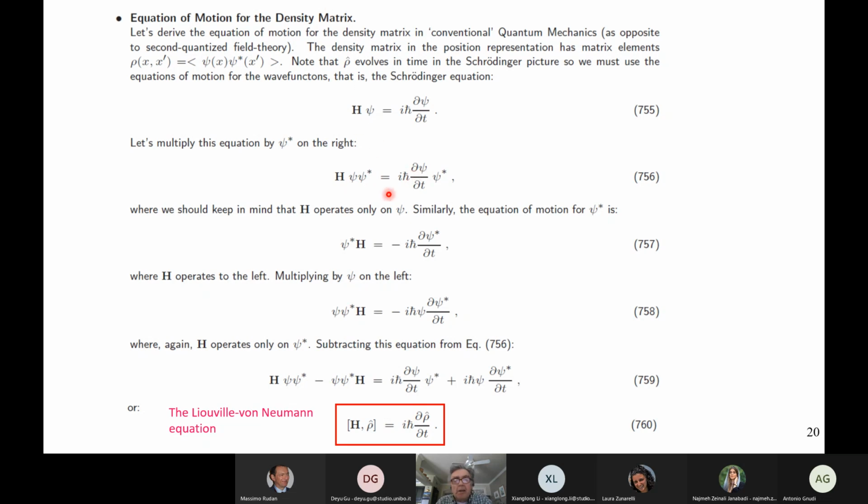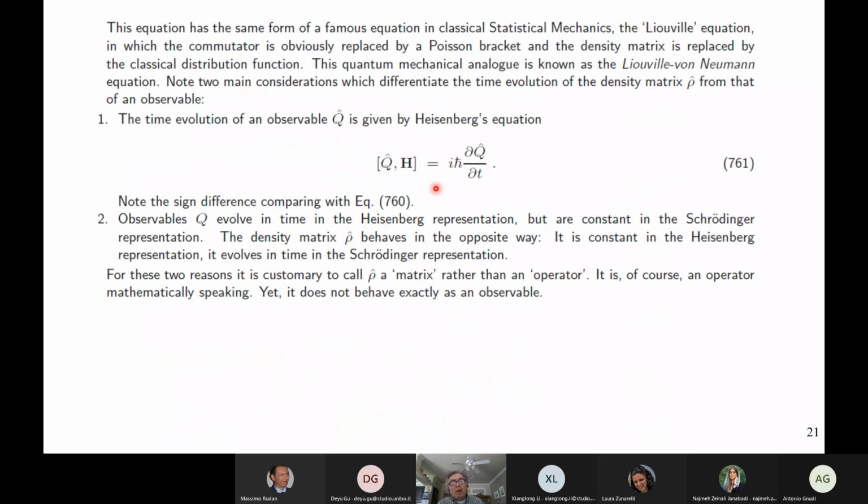Yeah, mathematically speaking, it's an operator acting on the Hilbert space of your system in first quantized form, on the Fock space of your system in second quantized form. So it is an operator. Hermitian, it's a good operator. But its time evolution is the opposite, in terms of which representation you use, of what you have for the conventional operators, the observables.